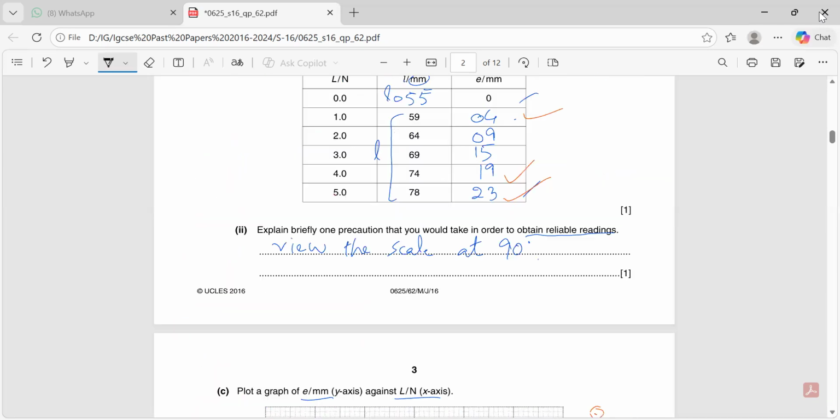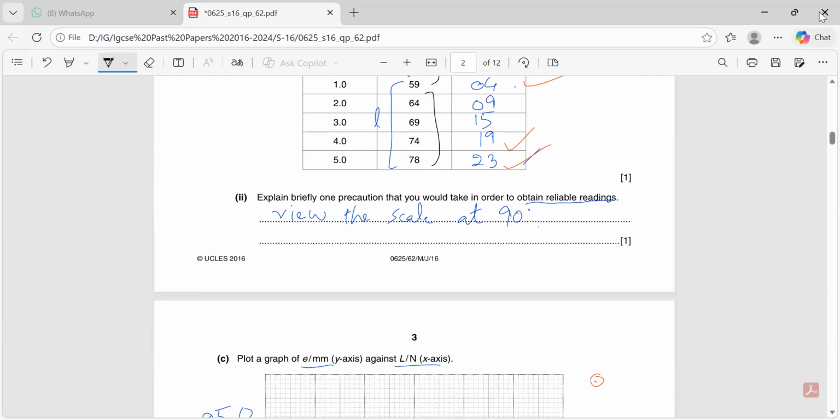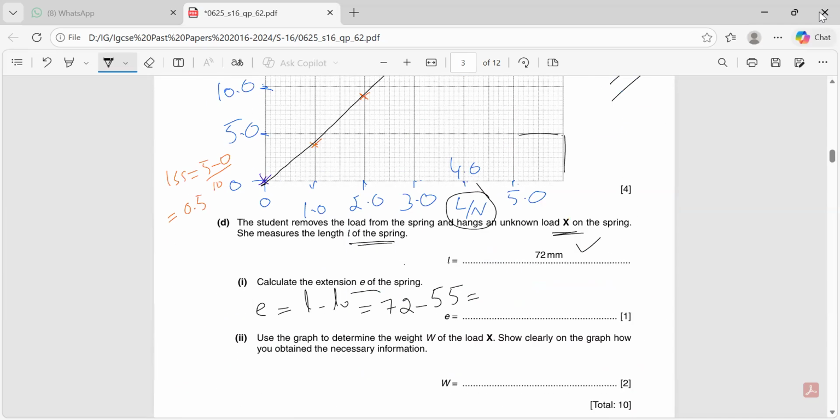We know this already. That's what we measured in the beginning. So that is L0, which is in the bracket up there. That is 55. So 72 minus 55. What are we getting? We are getting 17.